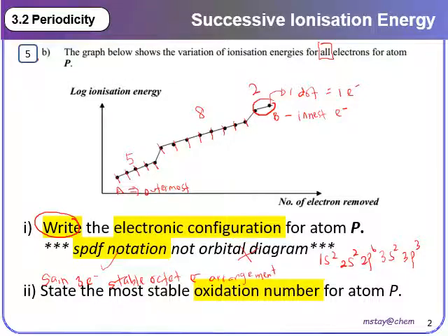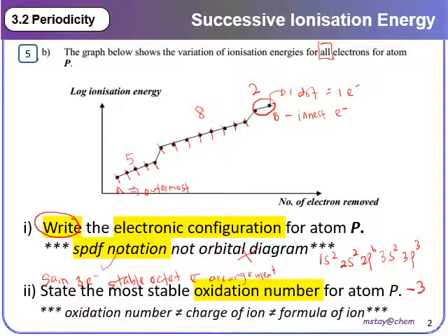But the question here is asking about the oxidation number, so the final answer for the oxidation number is -3. Sometimes please be alert with the question, whether it asks us to give the oxidation number -3, the charge of the ion 3-, or the formula of the ion P3-. It looks quite similar, but actually what they ask us to write is different.